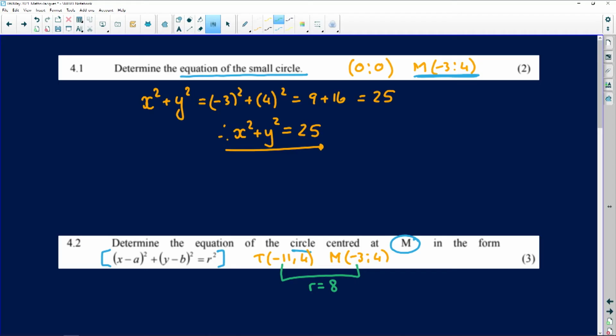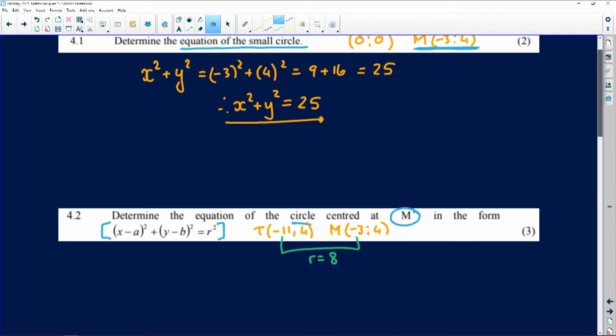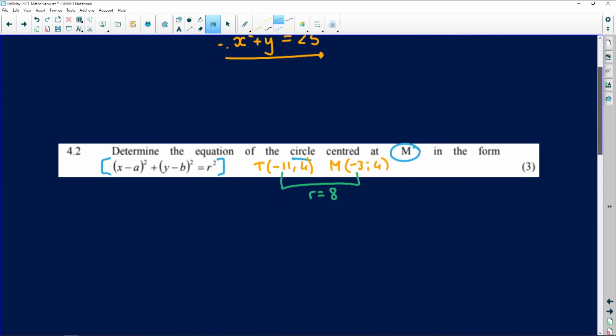Okay, so now it's just a matter of writing down the equation. Remember, that's the center. So I get x minus -3 is x plus 3 all squared. Remember, they said leave it in that form.